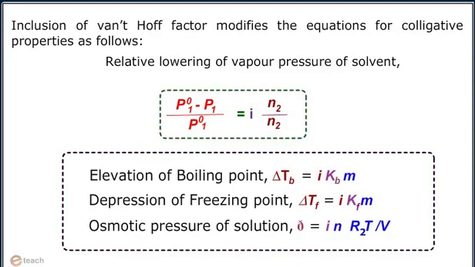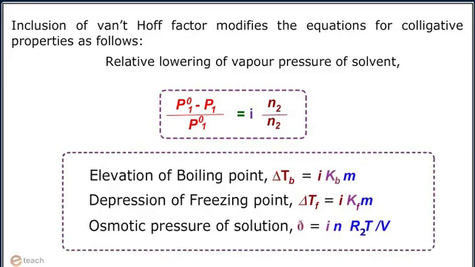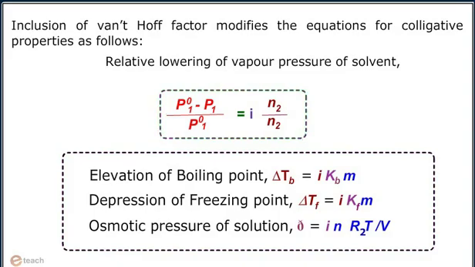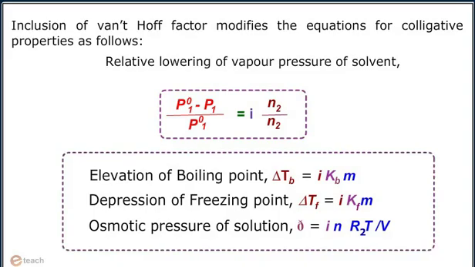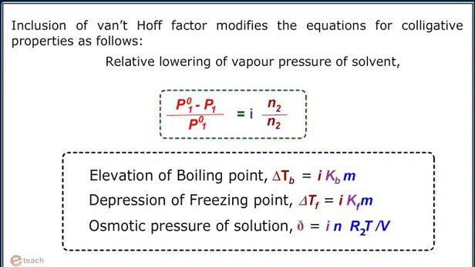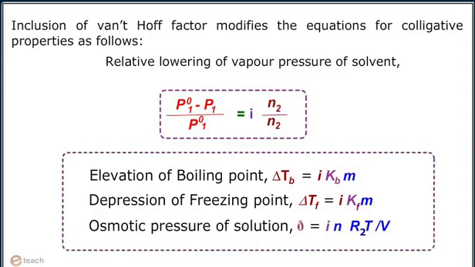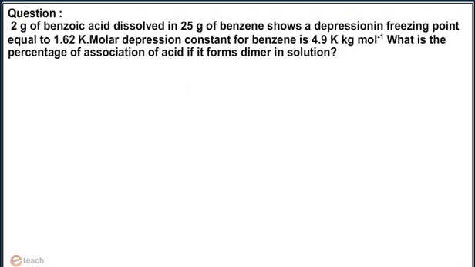On calculating, we get M2 equals 4.9 into 2 into 1000 by 25 into 1.62 equals 241.98 gram mole inverse. Thus, the experimental molar mass of benzoic acid in benzene is 241.98 gram mole inverse.